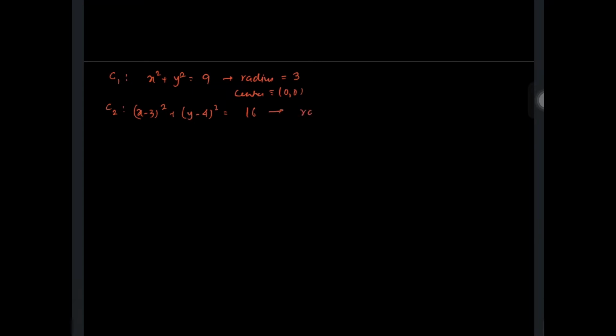So the radius is 4 units and the center is 3, 4. Another circle C3 is given as (x minus h) whole square plus (y minus k) whole square is equal to r square. So the radius is r and the center is h, k.